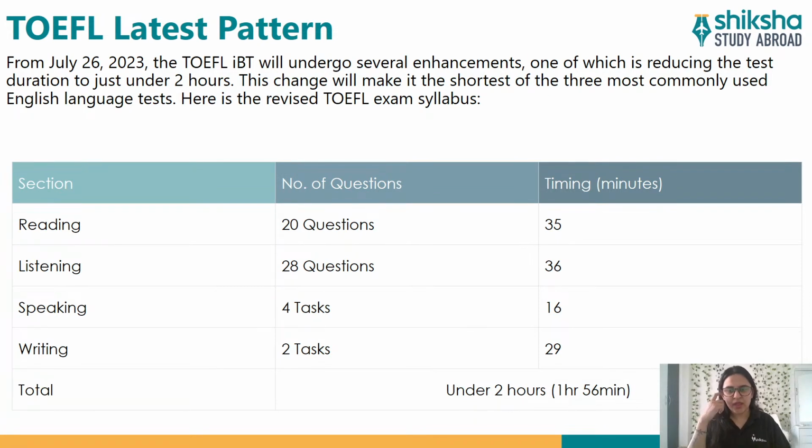We'll understand that on Monday when we start fresh with the writing module from the beginning. I'll give you the overview of writing, what the pattern is, the number of questions, what kinds of questions actually come up, and then we will take one question each on one particular day.